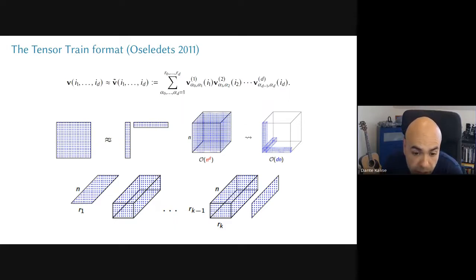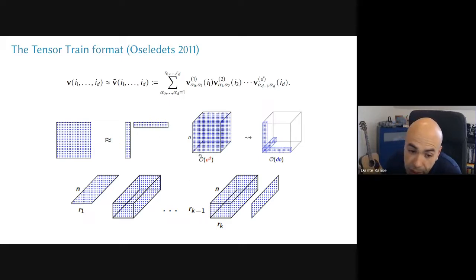How much do you save by this? Well, you have to count how many degrees of freedom you have. Here you have n squared, and here you have 2 times n. If this is n by n, you have n squared nodes. Here you have n times n. Sorry. If you have the first 3, you have 3 times n, but it is d times n degrees of freedom, depending on how many of these factors you take.